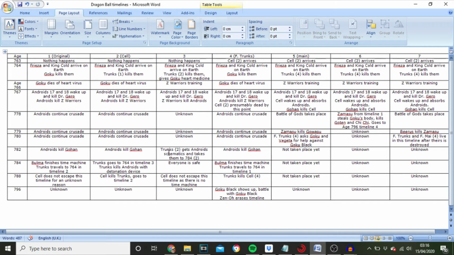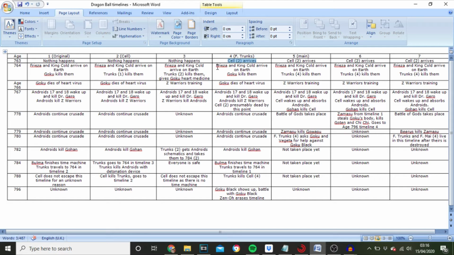You've got everyone safe, you've got the androids dead, and there's no real reason for future Trunks' timeline to be created. So by this point, Cell's created timeline 4, because timeline 3 already existed.